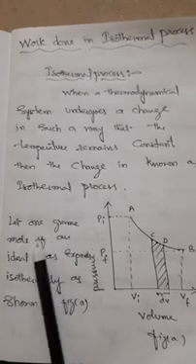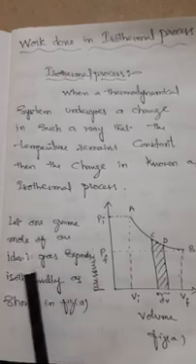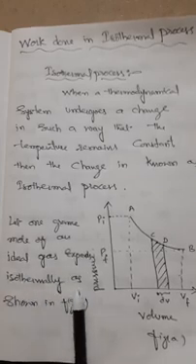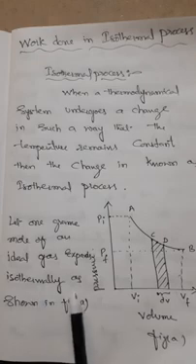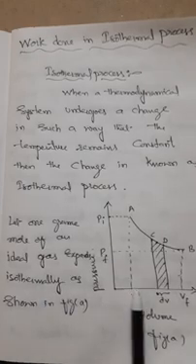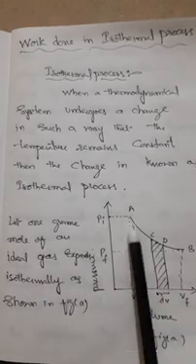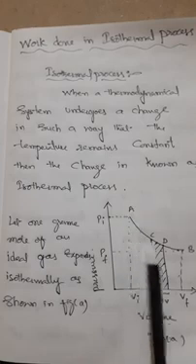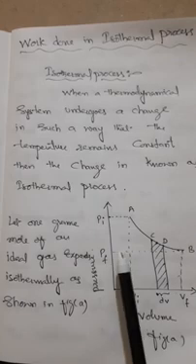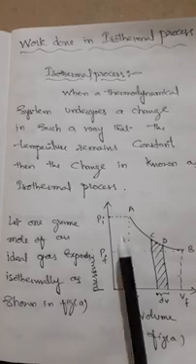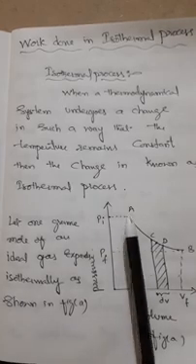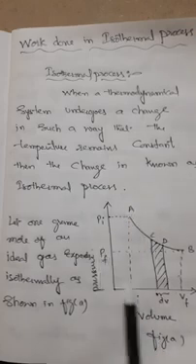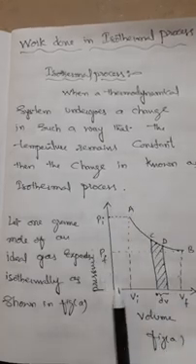So let us consider 1 gram mole of an ideal gas which expands isothermally, as shown in the figure. In this total process we are considering the temperature remains constant. So when temperature remains constant, the initial state is represented by A. This particular diagram is known as the indicator diagram.